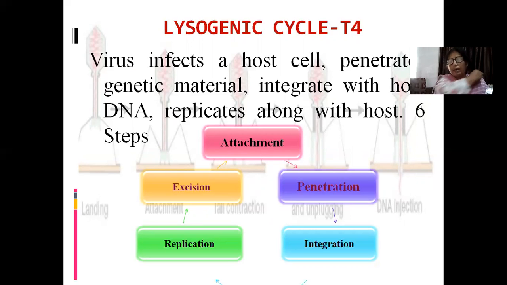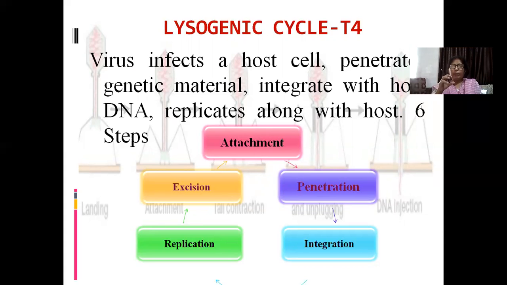Fourth is the replication of the viral DNA along with the bacterial DNA, and the formation of chromosomes and of sister bacterial cells. The life cycle of the virus continues along with the life cycle of the bacteria until it gets induction.